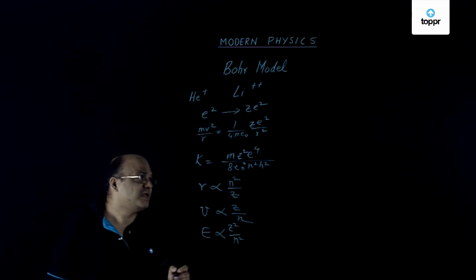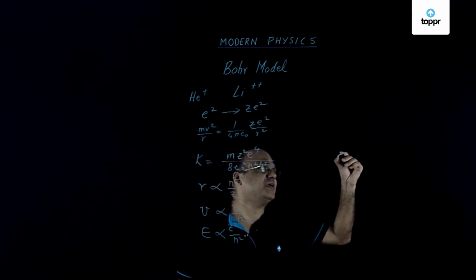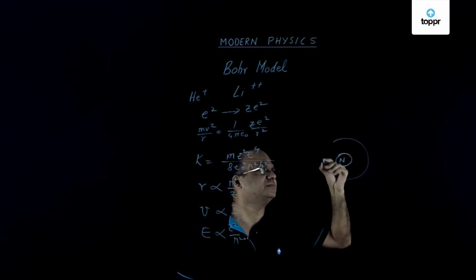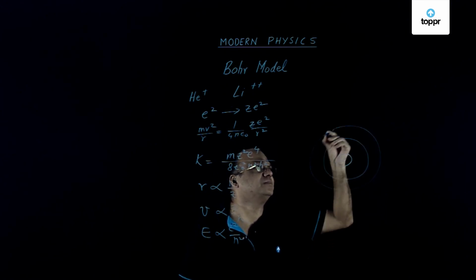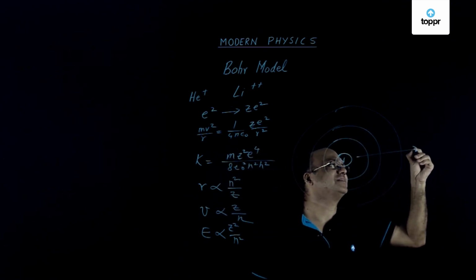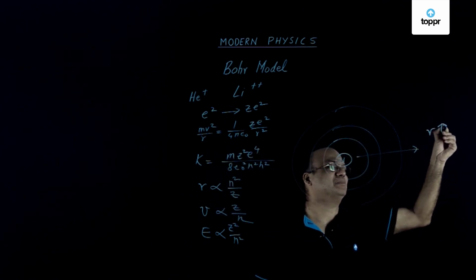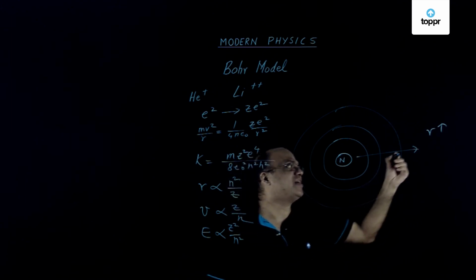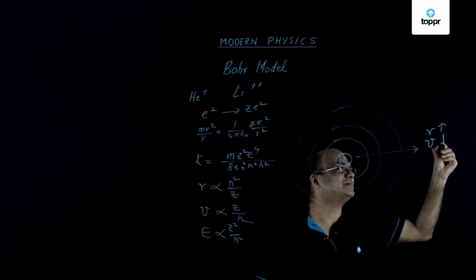Now, as we go from the nucleus to outside, the radius increases, right? More and more radius. The velocity decreases.